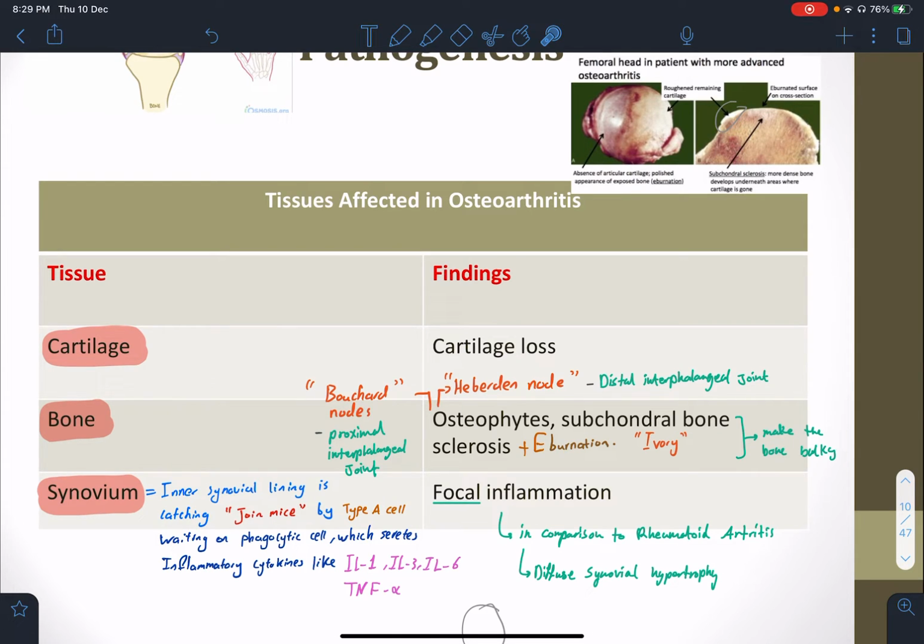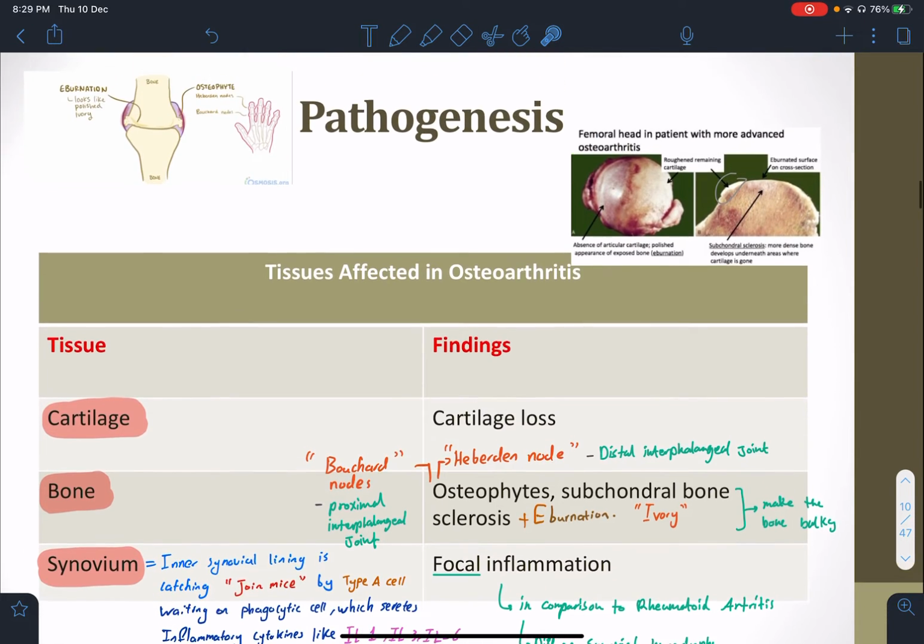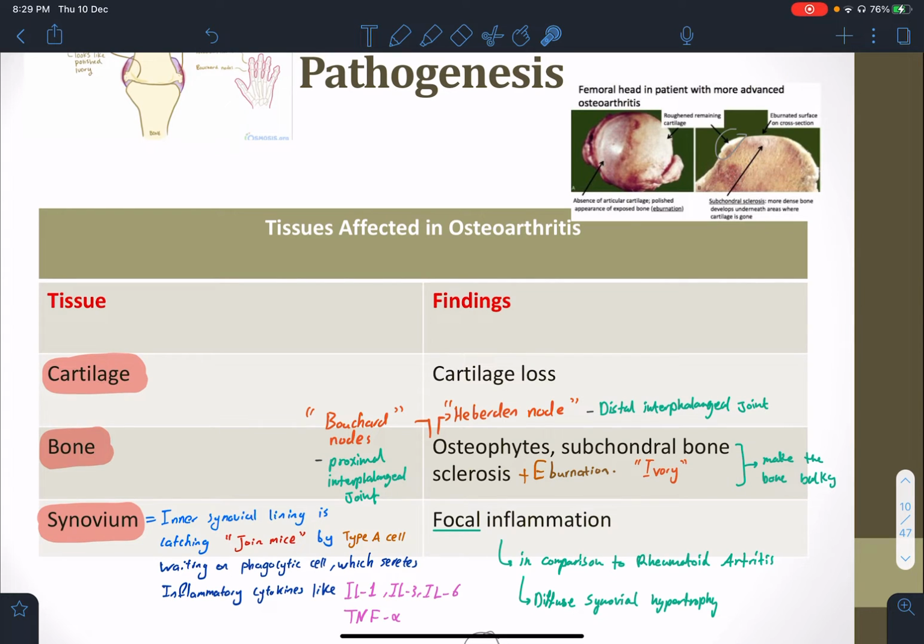But let's talk about the tissues affected in osteoarthritis. So I have tissue like cartilage. The finding will be cartilage loss, as we've said, and the bone will be having osteophytes that are mentioned again, subchondral bone sclerosis, and eburnation is having a polished ivory look, and that's all.